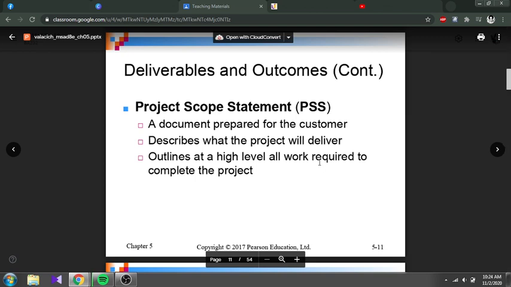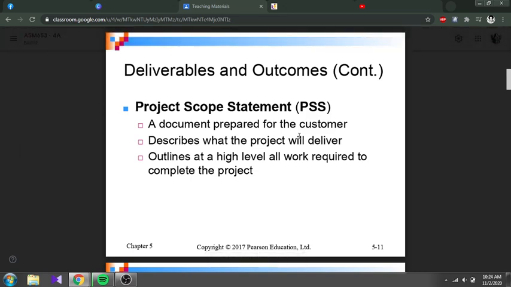The PSS is a very easy document to create because it typically consists of a high level summary of BPP information, and depending upon your relationship with your customer, the role of the PSS may change to suit what is needed.